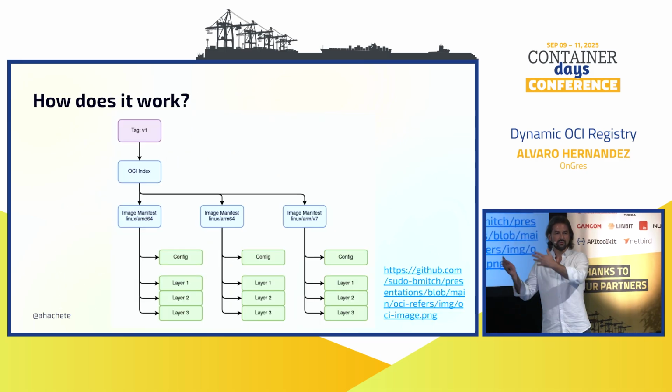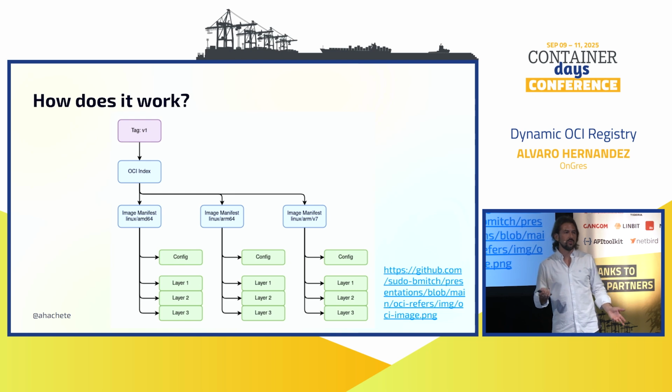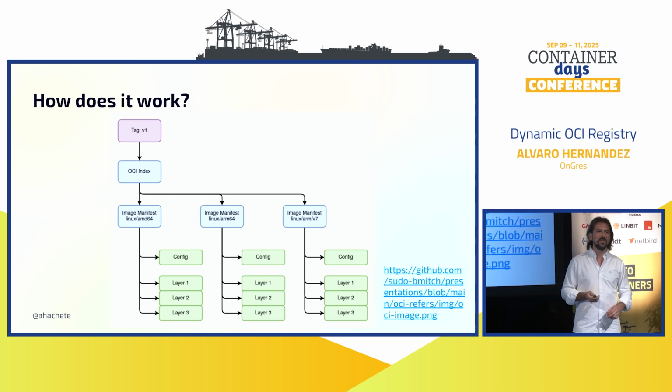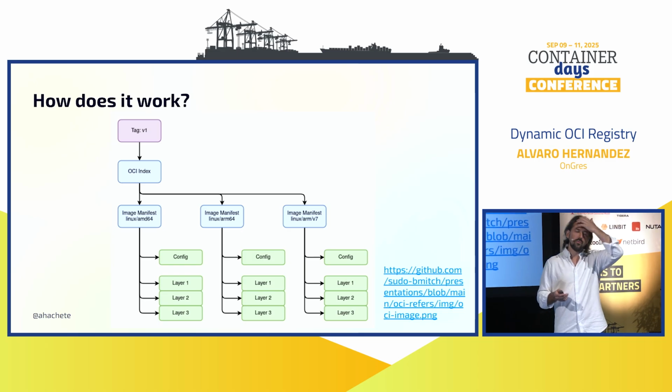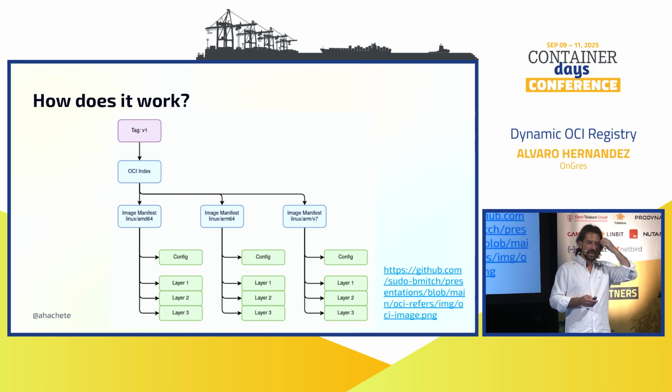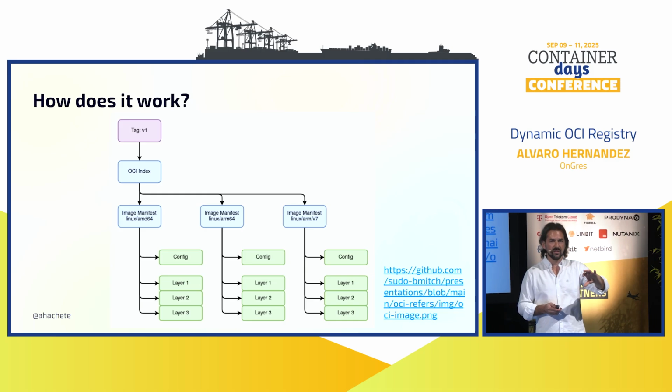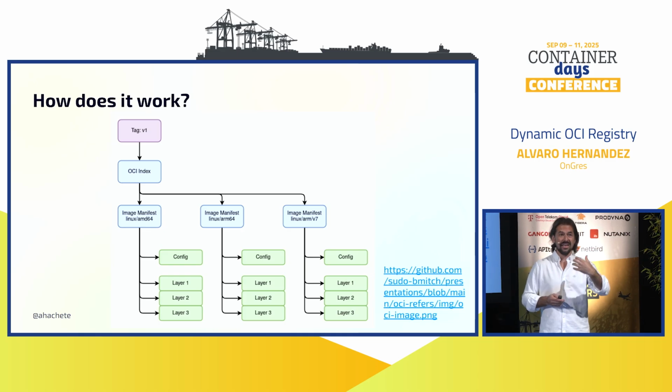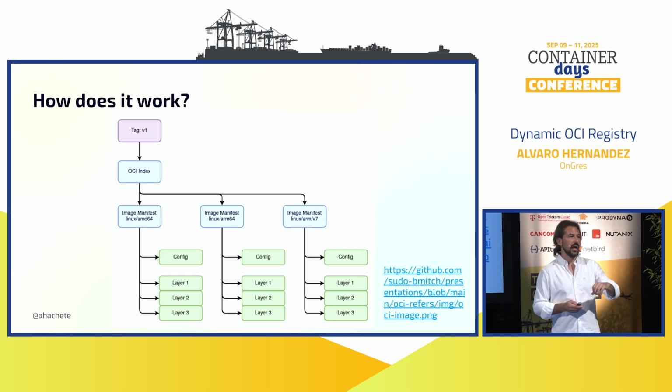Well, this is a drawing of how a container image looks like. I guess you're all very familiar with this. It's basically a set of layers, and then one or more index or manifests that represent the content of that image, the metadata of the image. Even though this is a more general diagram, the most important ones are the image manifest itself, which is in reality the image, and the runtime configuration.